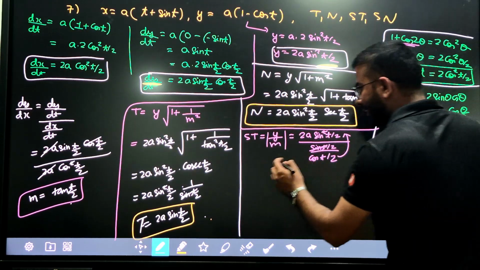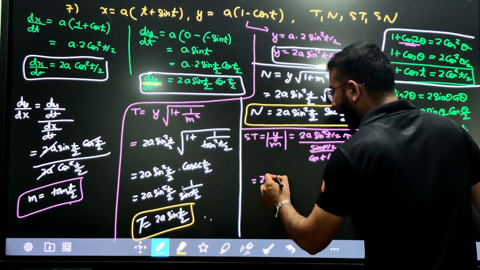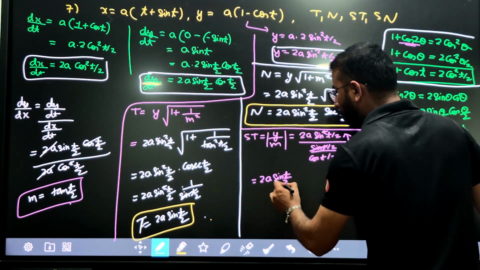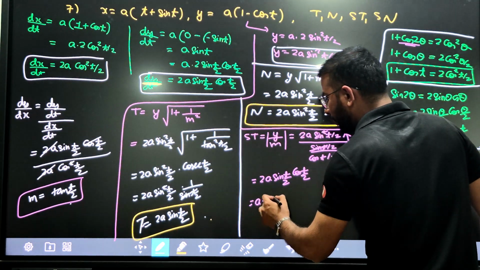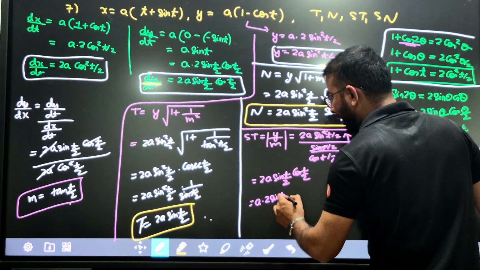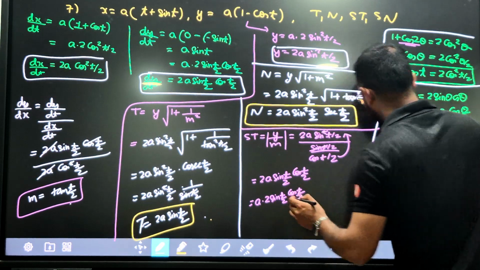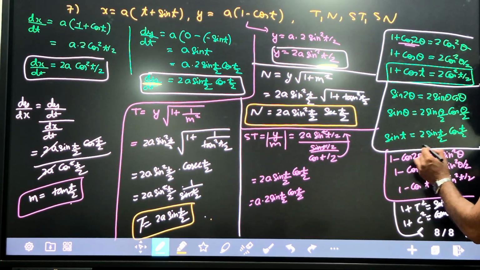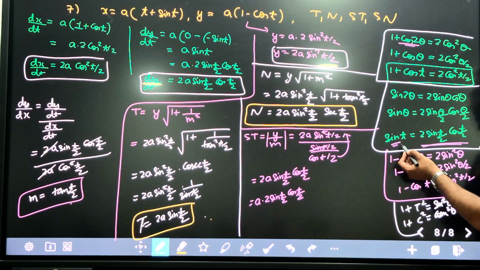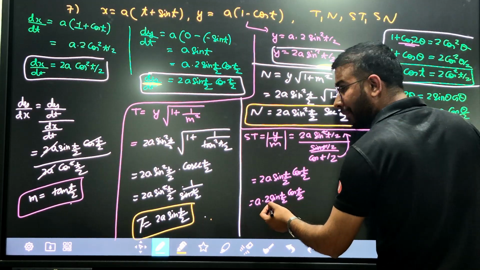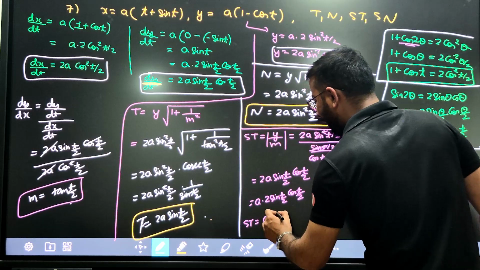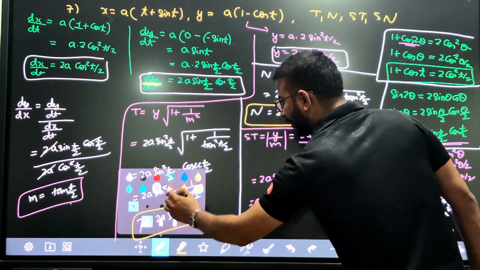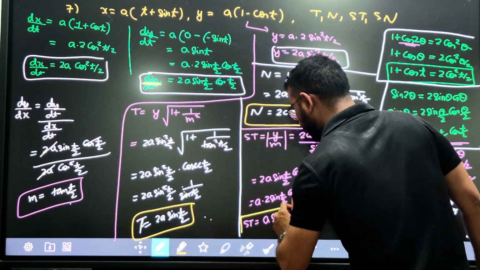It is a little complicated, not that easy. So this is 2a sin t by 2 into cos t by 2, which can be written as a into 2 sin t by 2 into cos t by 2. And you have written here the formula: 2 sin t by 2 cos t by 2 is sin t. So the value of subtangent is a sin t.